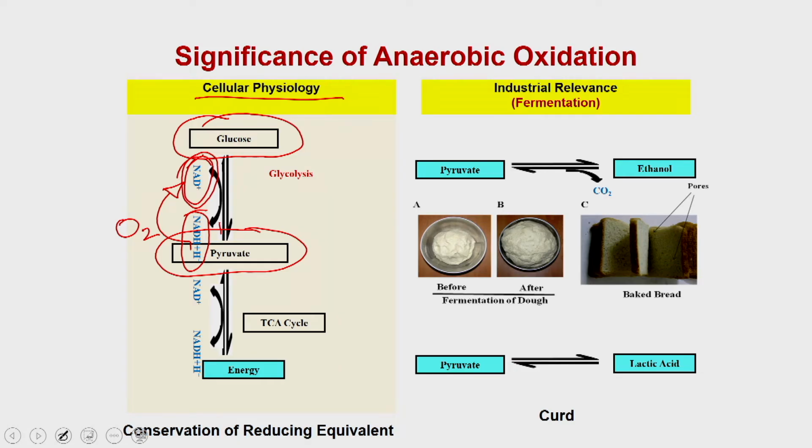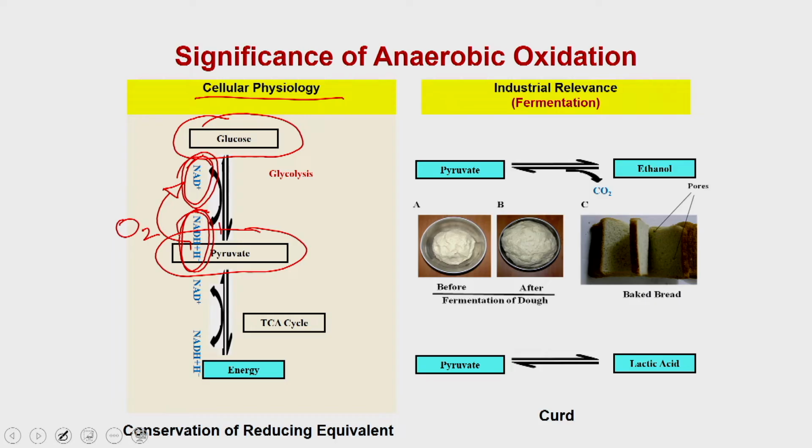If that happens, there are so many reactions where NAD plus is required, and that is going to stop the cellular metabolism. So, because of that, the pyruvate is going to be converted into lactate, and in that process the NADH is going to be utilized to produce NAD plus.